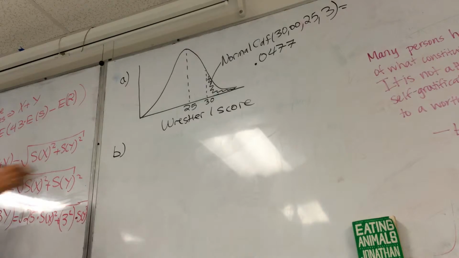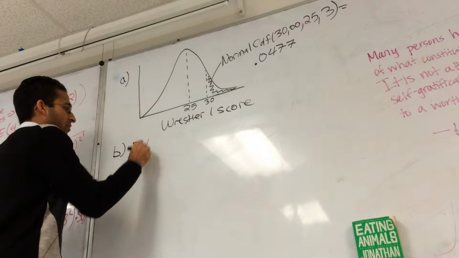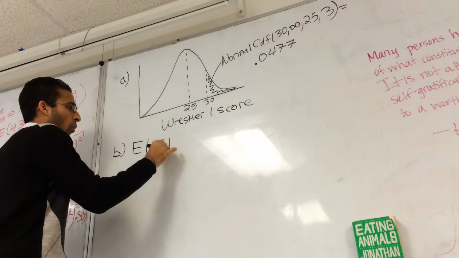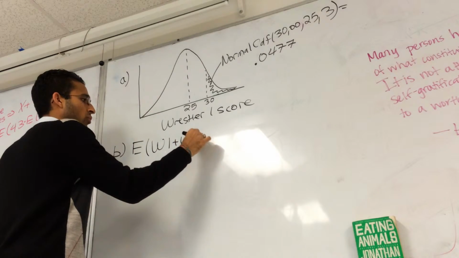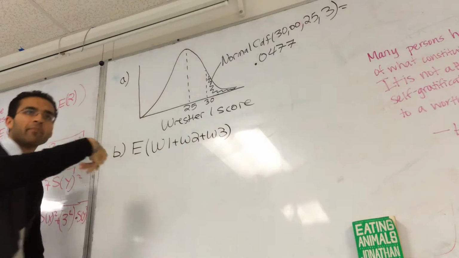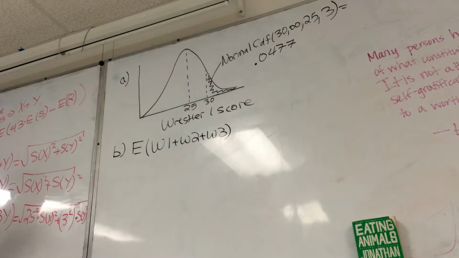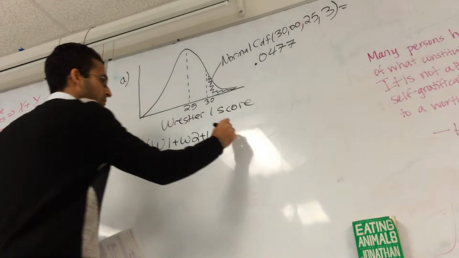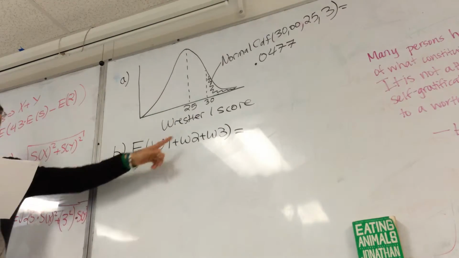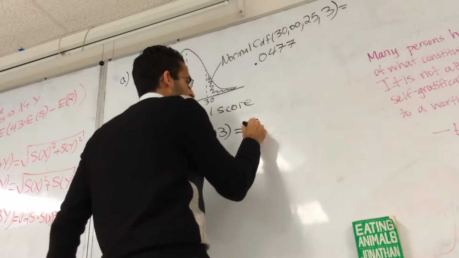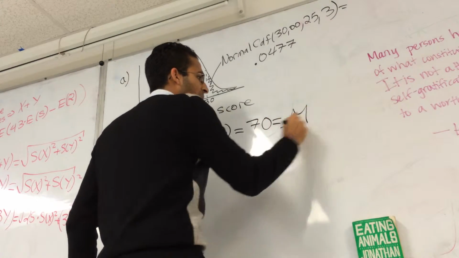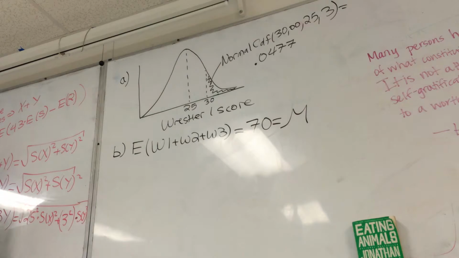We want to find the expected value of wrestler 1 plus wrestler 2 plus wrestler 3. That is our combined score. Whatever 1 gets us, plus 2 plus 3. So this will equal, well, wrestler 1 is 25, 21. So this is going to give us 70 as the expected value of our team score.